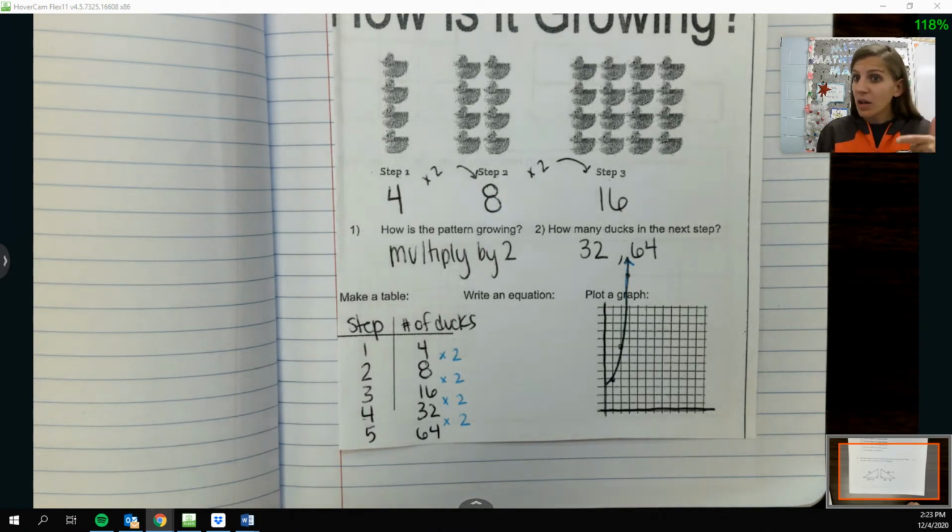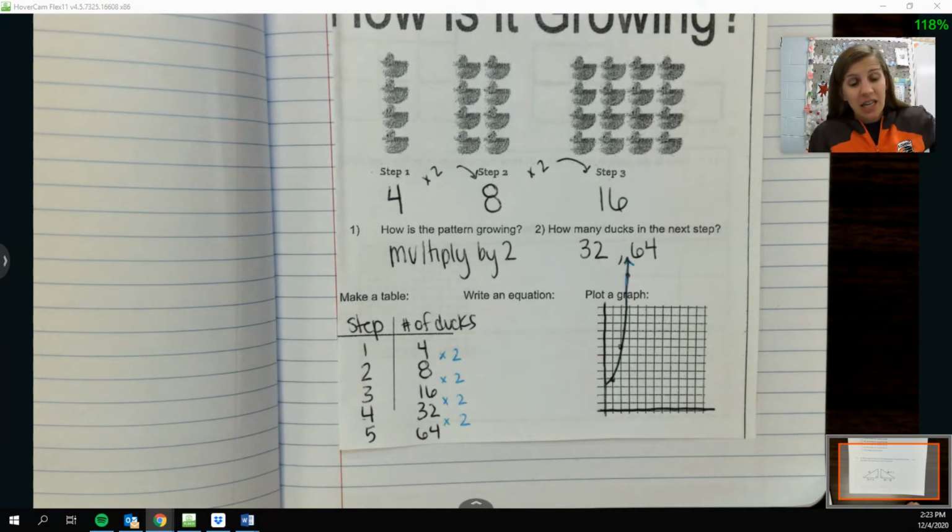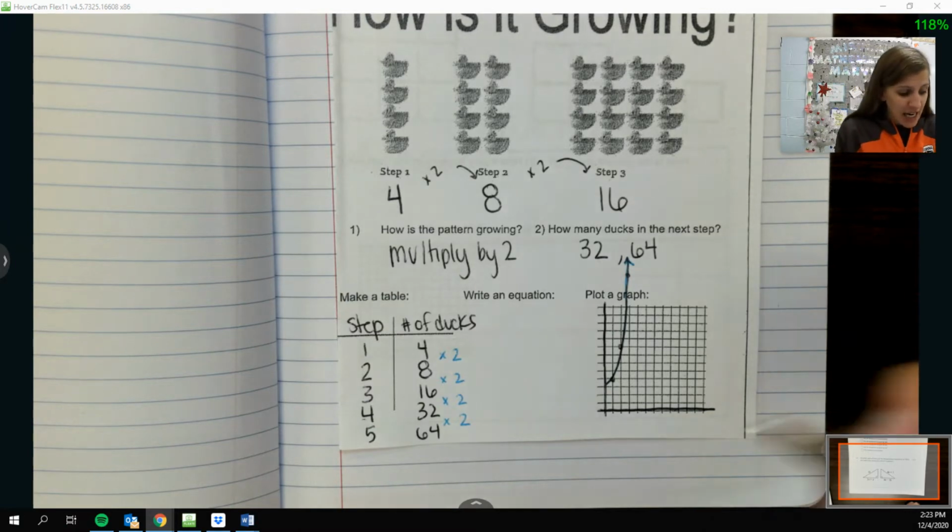Well, if I multiply over and over and over again, there's a shortcut for that too, and it's an exponent. So because I'm multiplying by 2 over and over and over again, you might think that it's like to the second power, but that isn't actually the case here.